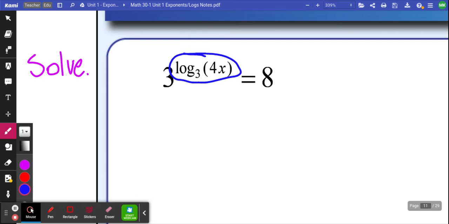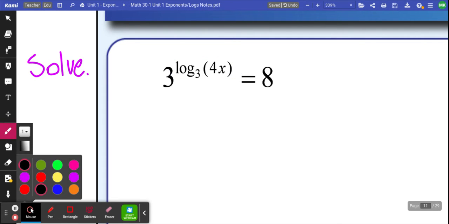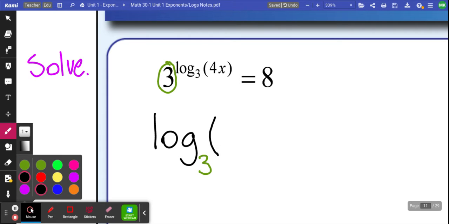When we write things as logs, you go log. The base of the power becomes the base of the log. That's the base of the power, 3. So that becomes the base of the log down here. Inside the brackets is whatever was on the other side.